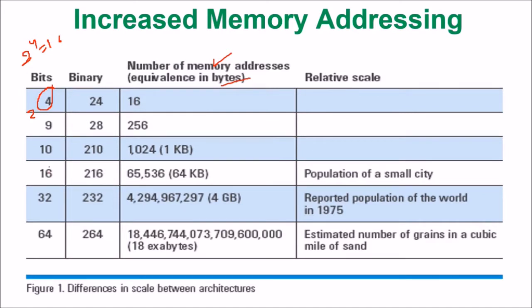For example, with 16 bits you can address the population of a small city. With 32, we can address the population of the world. With 64, this many memory addresses is equivalent to the estimated number of grains in a cubic mile of sand.